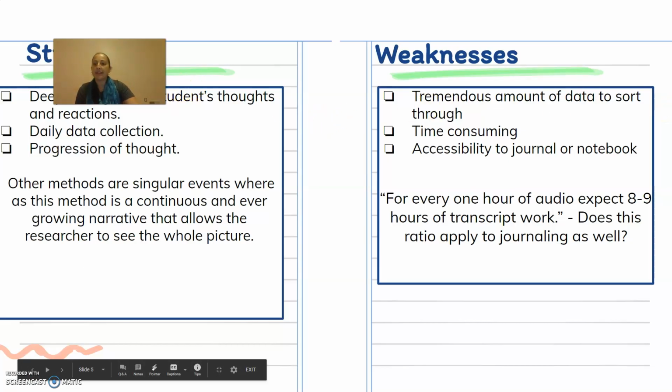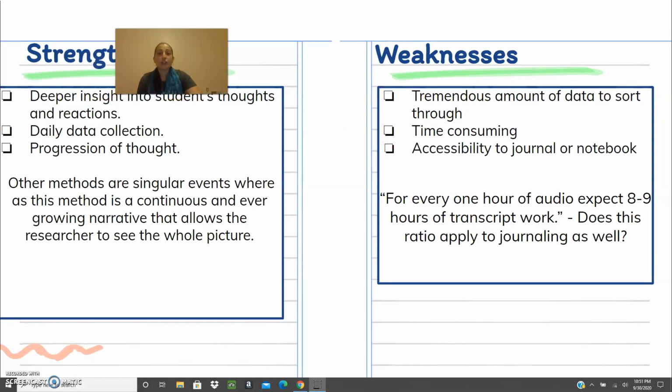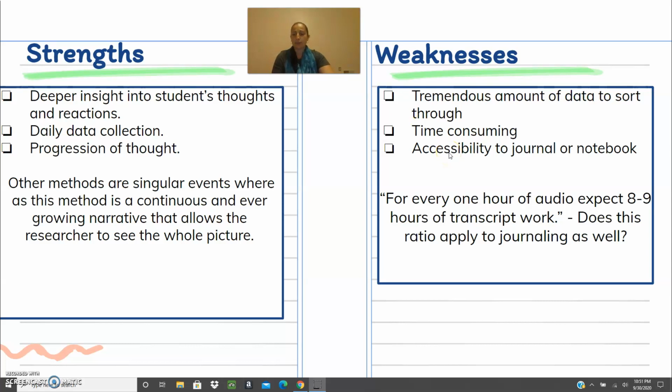So, some strengths and weaknesses. I do think there are a lot of strengths with journaling. You get a much deeper insight into the student's thoughts and reactions. You get that daily data, and you ultimately get that progression of thought. Other methods, and obviously not all methods, are like very singular events.